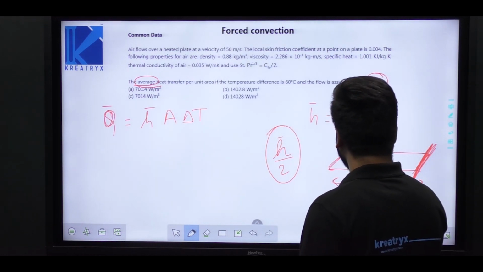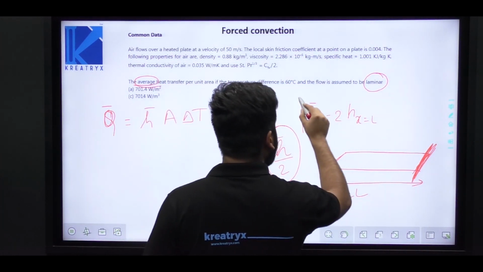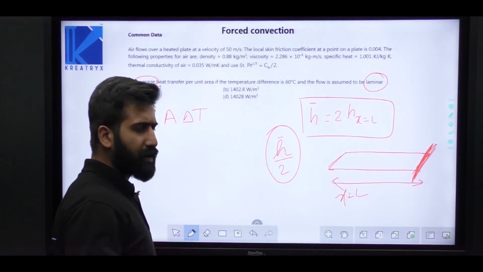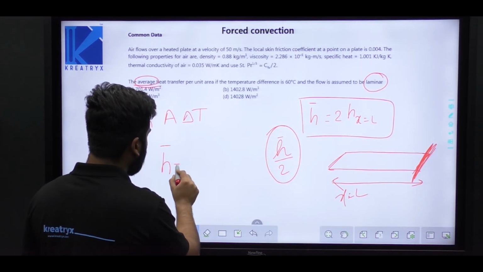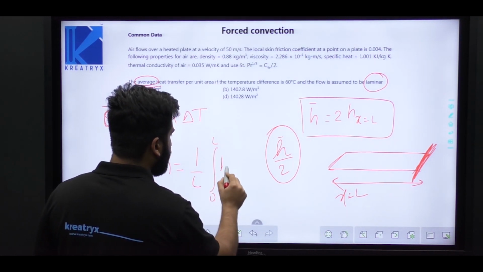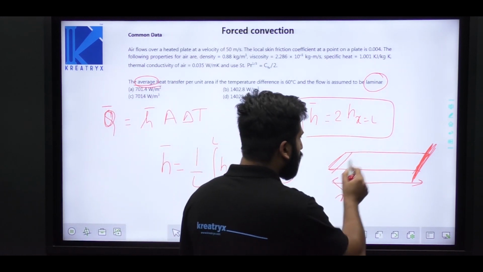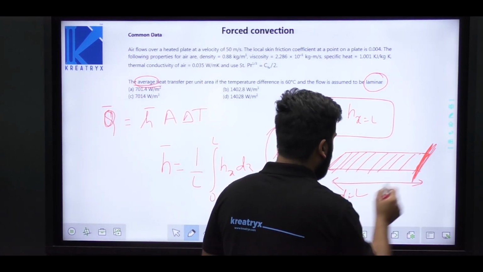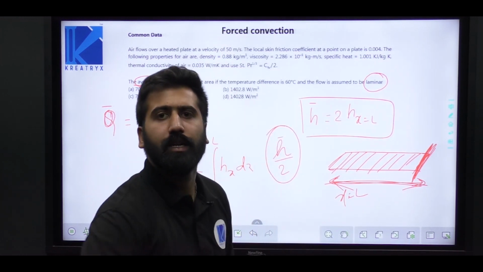And how do you get this relation? I can explain that to you shortly by using this formula, which is 1 by L integral from 0 to L of Hx dx. By integrating all the local heat transfer coefficients over this whole length L, you get average heat transfer coefficient.